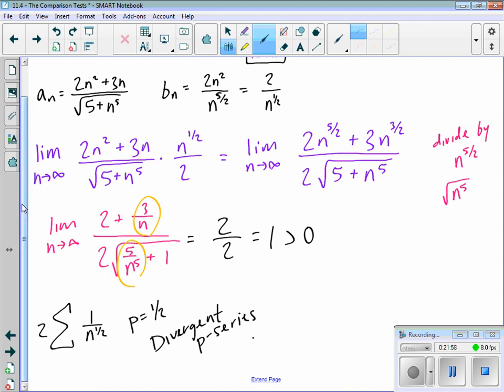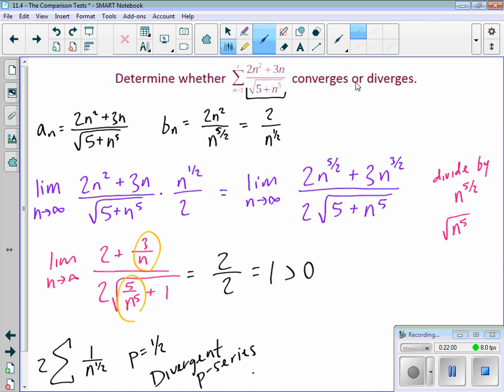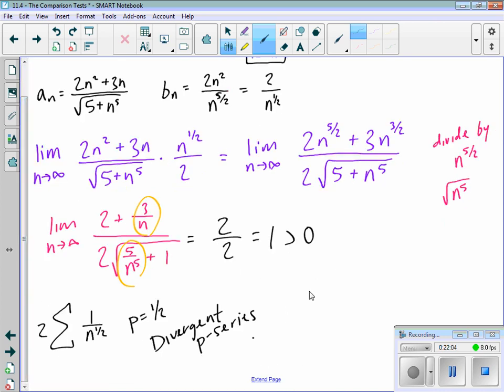So then, therefore, this is going to be divergent by what? Yeah, so therefore the given series is divergent by the limit comparison test.